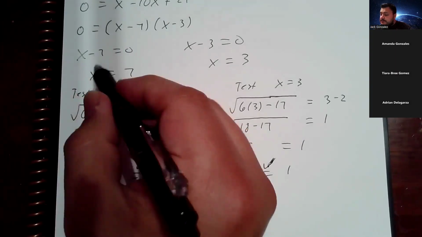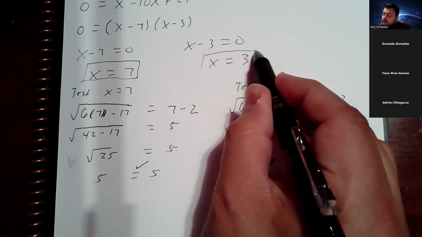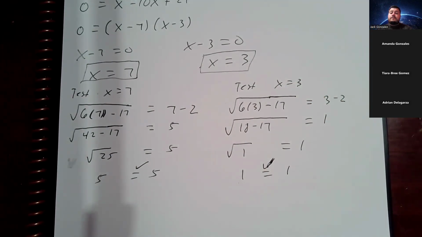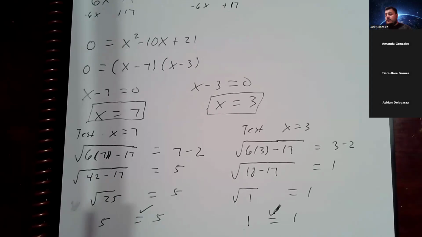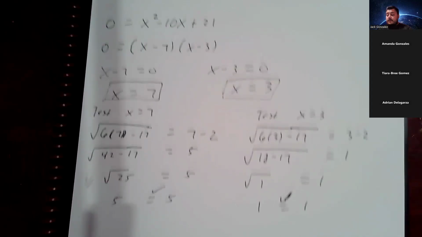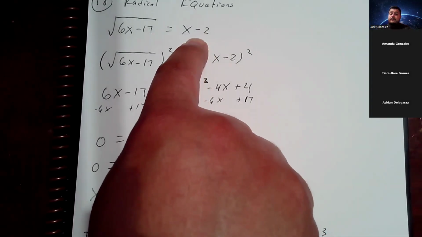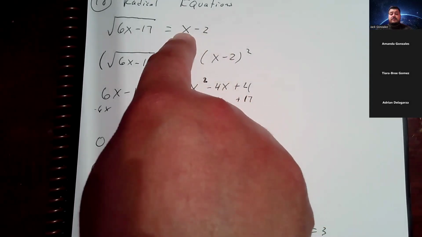Any questions on 18? Not really. Sometimes, it depends, right? For example, if you knew that this result is going to be negative, let's say I plug in a number and I get a negative.